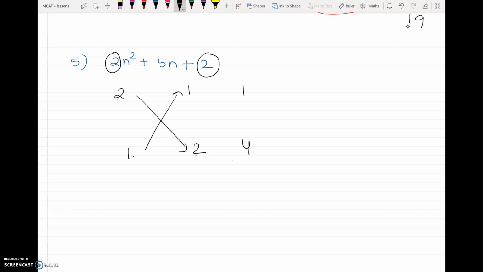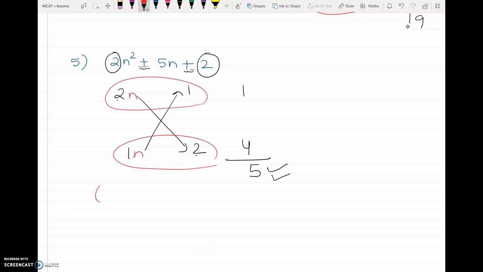Since all are positive, we are going to add them. So 5, so it works. So our factors are 2n plus 1 and n plus 2. In the next lesson, we'll be looking at factorizing difference of squares.